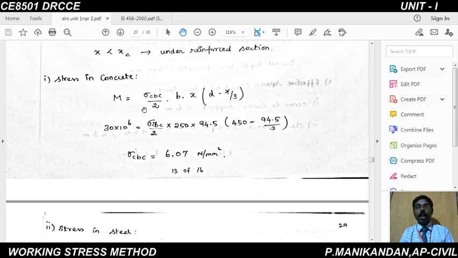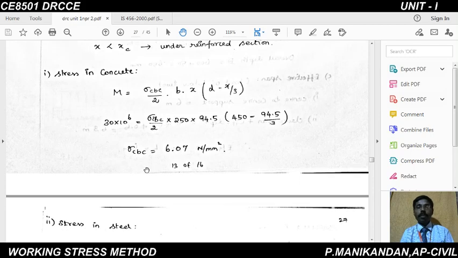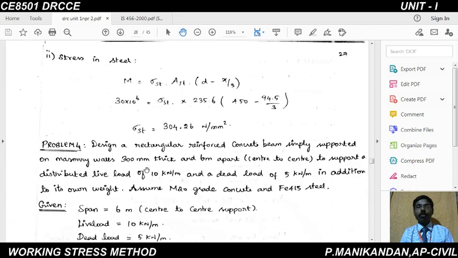By substituting these values and solving this equation, we get sigma cbc as 6.07 Newton per mm square. In our problem we have chosen the permissible sigma CBC as 7, so hence the stress is safe.